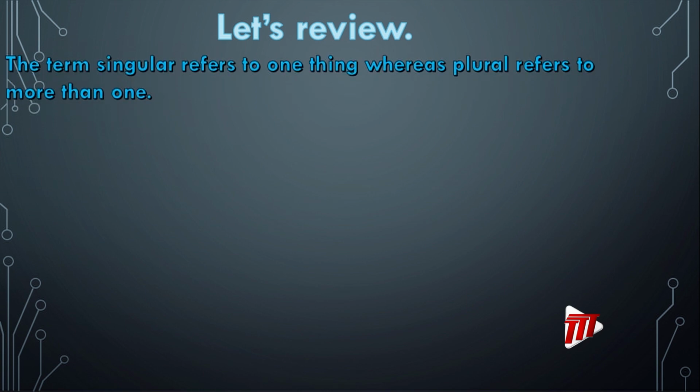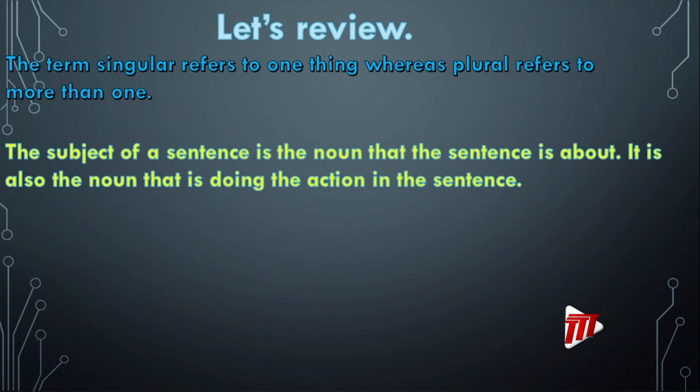Right, so the term singular refers to one thing, whereas plural refers to more than one. So singular, single, one, or plural, more than one. So whether it's 2, whether it's 3, whether it's 79, however much it is, if it's more than one, then it would be plural. And if it's only one, then it's singular. So the subject of a sentence is the noun that the sentence is about.